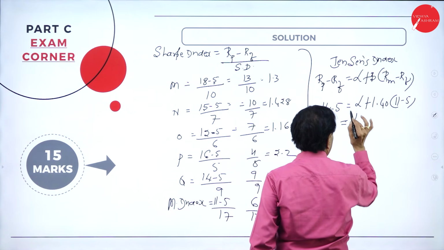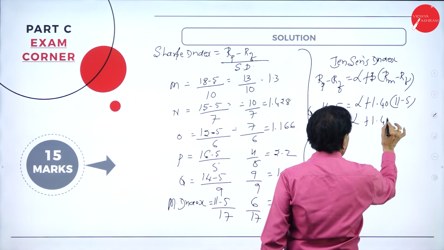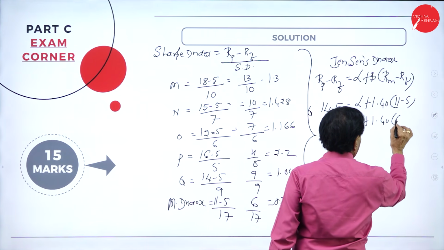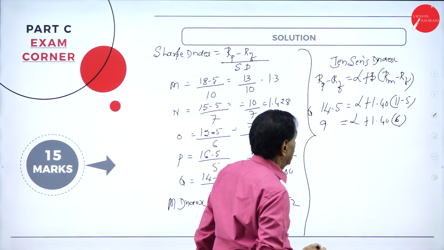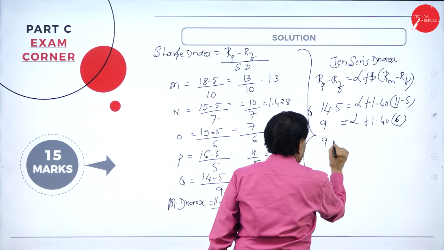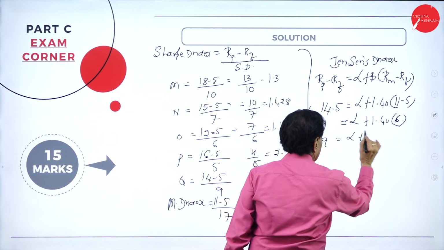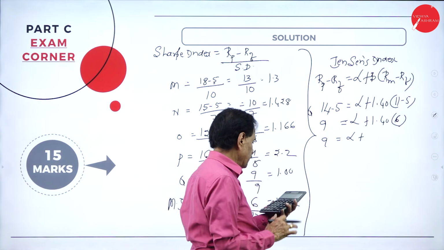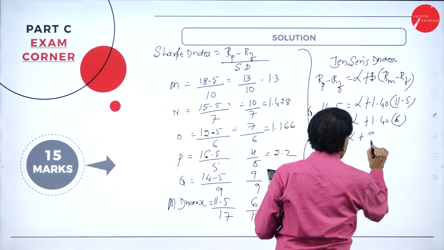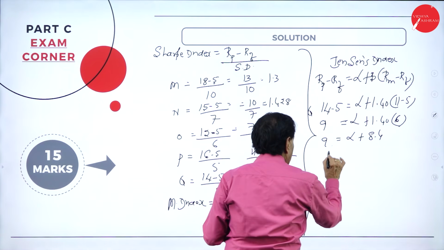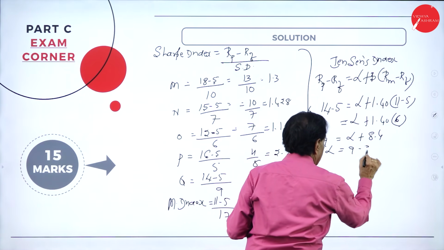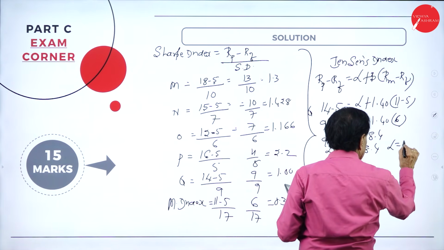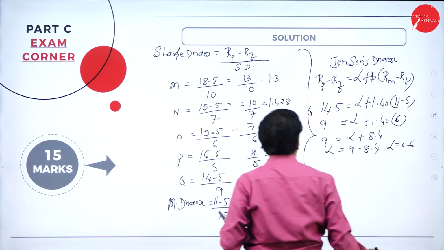Alpha plus 1.40 into 6. 9 alpha, 1.40 into 6 is 8.4. Alpha is equal to 9 minus 8.4. So alpha is equal to 0.6.